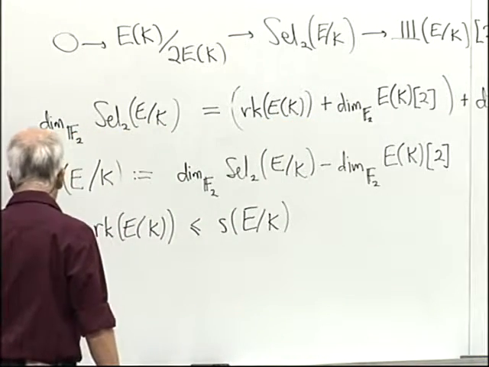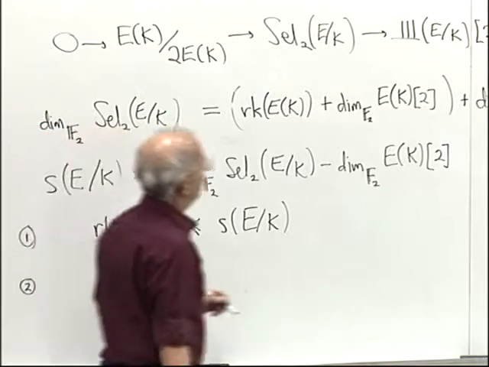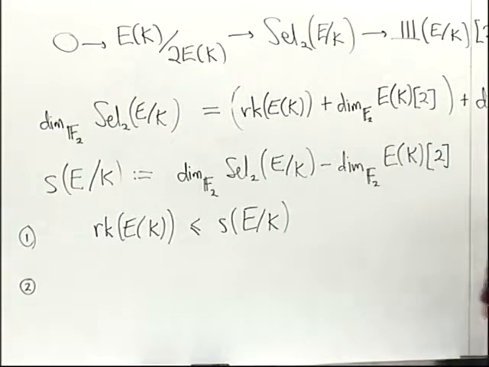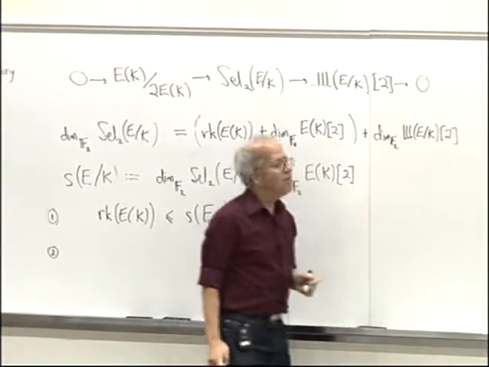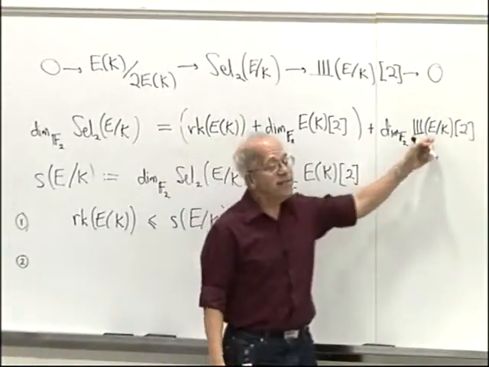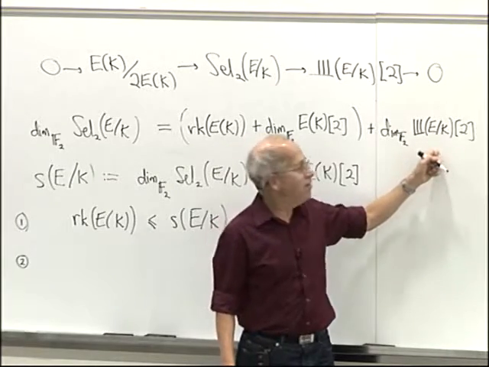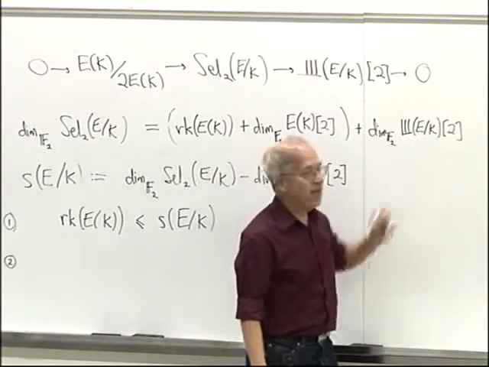And second, well, if the Shafarevich-Tate group is finite as conjectured, then this dimension is even. So that's a classical fact. If the 2 part is finite, this dimension's even. If the 2 part's infinite, this might still be even. But let me just conjecture for now that this dimension is even.